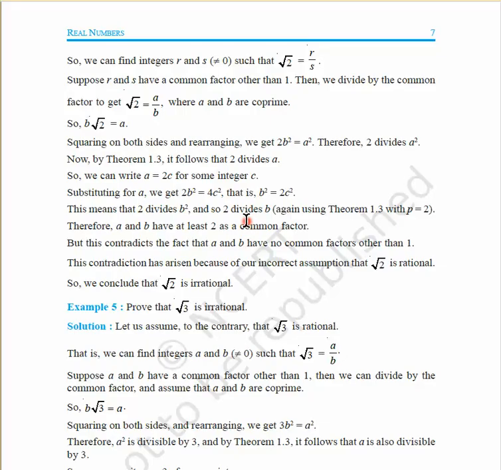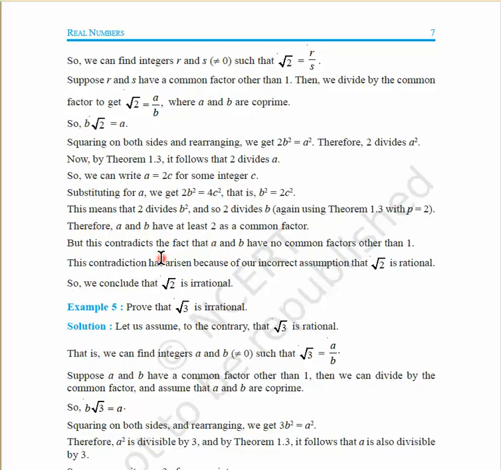Therefore, a and b have at least 2 as a common factor, but this contradicts the fact that a and b have no common factors other than 1, because now we have found that 2 is a common factor of a and b.